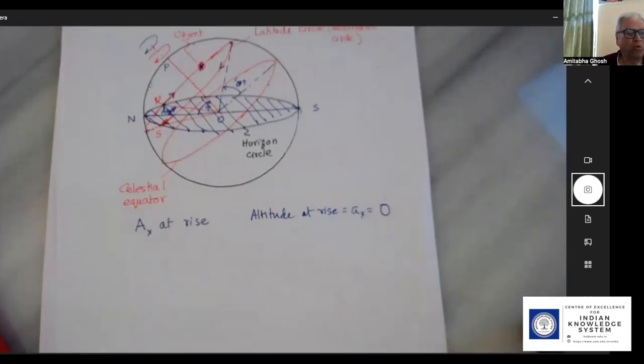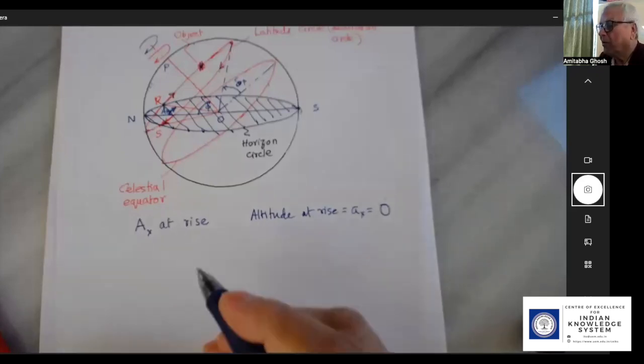Now, you know the formula we have just derived for the altitude. What is the formula we have derived?